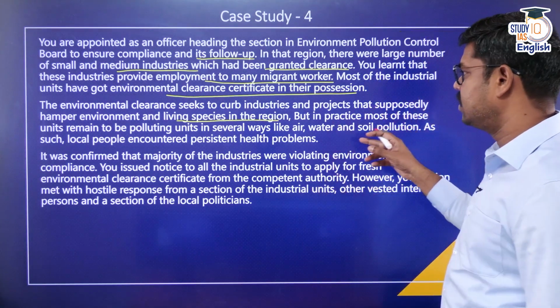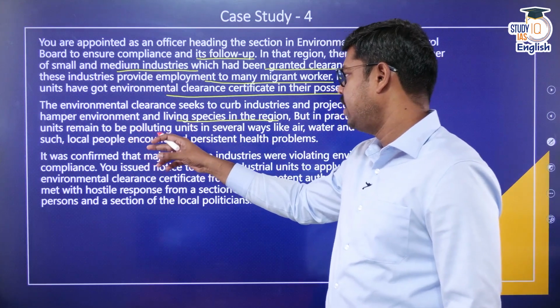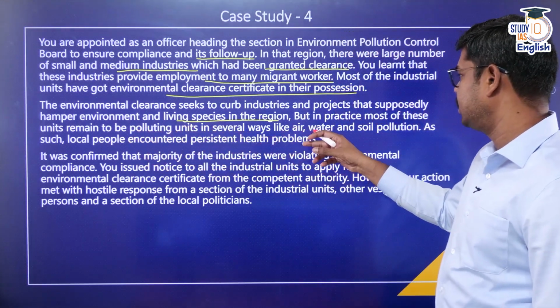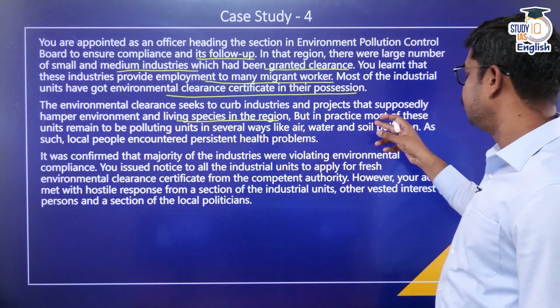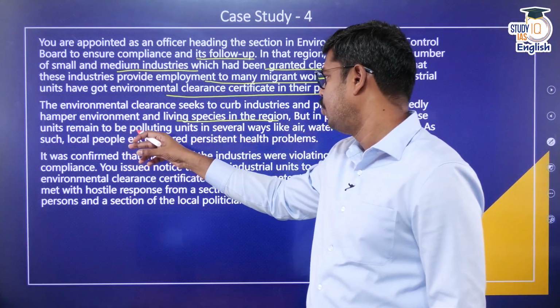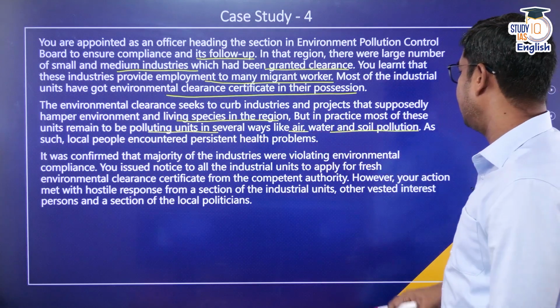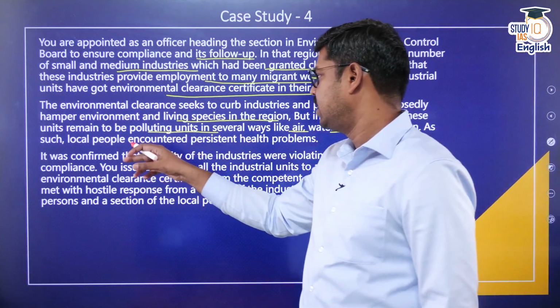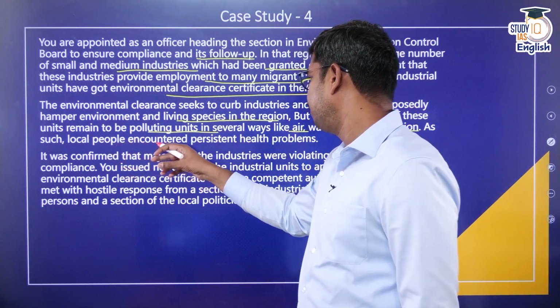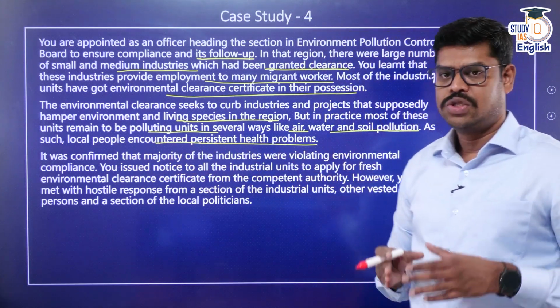But in practice, if you see, most of these units remain polluting units in several ways, like air, water and soil pollution. As such, the local people encountered persistent health problems. So what do you understand here?